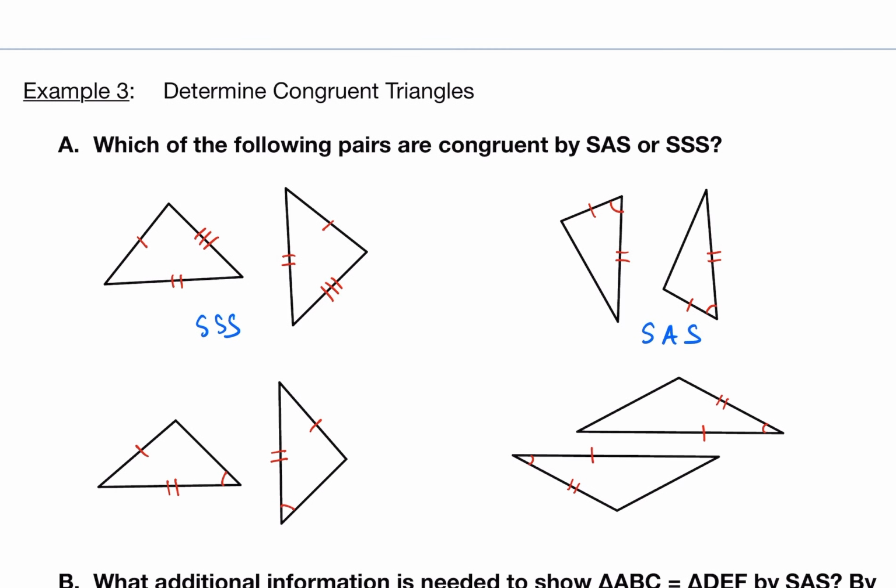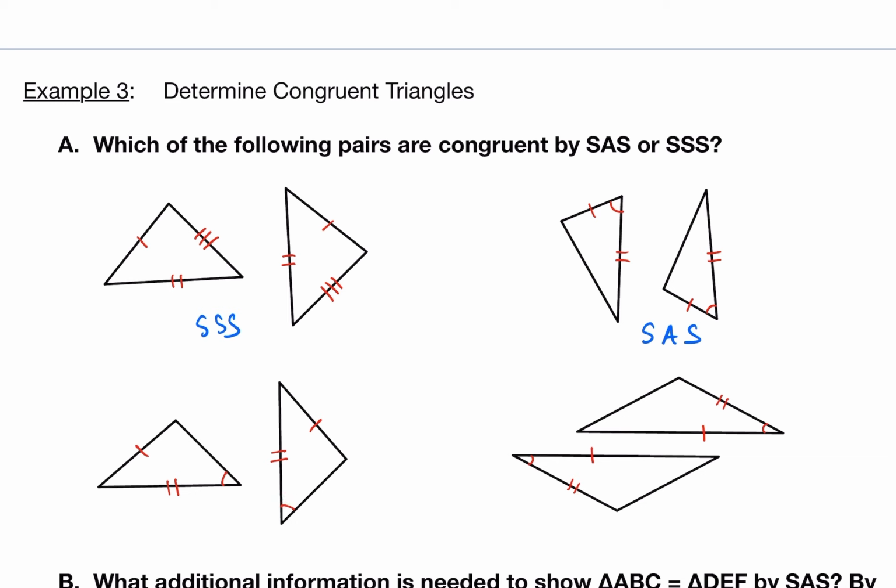Okay, let's move on to the third pair. We have this side equal to this side. We've got this side equal to this side. And we have this angle equal to this angle. However, this angle is not included in between these sides, okay? This angle is not included. It's outside of these two sides.